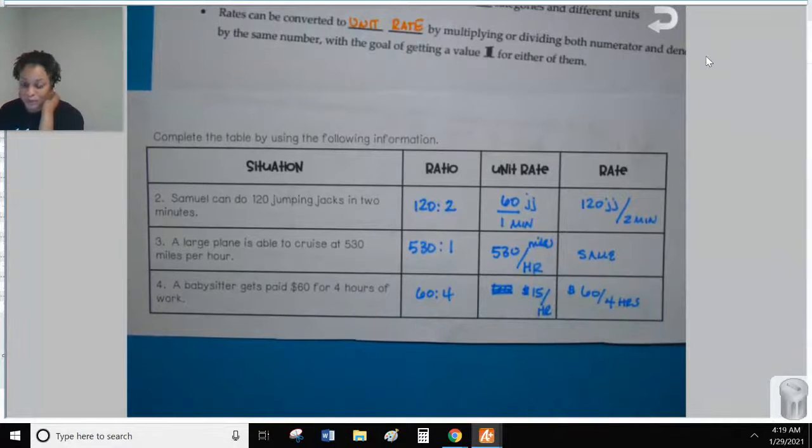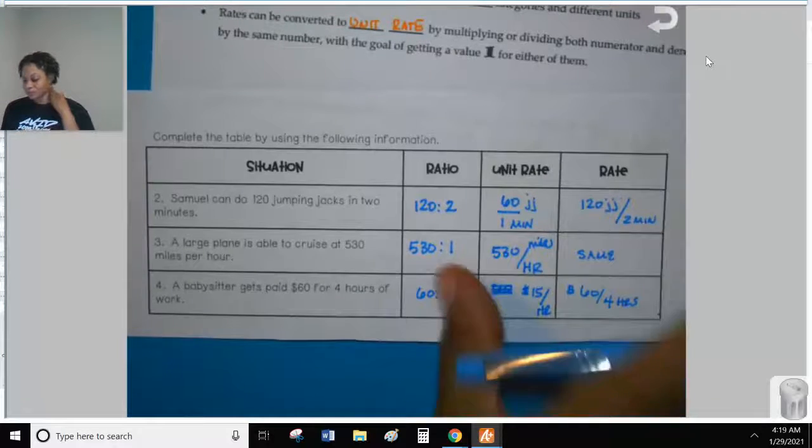They gave us the unit rate because it was 530 miles per hour. That's already the unit rate, and it's the rate as well, okay? A babysitter makes $60 for 4 hours. The ratio was 60 to 4. The rate was $60 for 4 hours, and the unit rate was $15 per hour. So hopefully you got these.